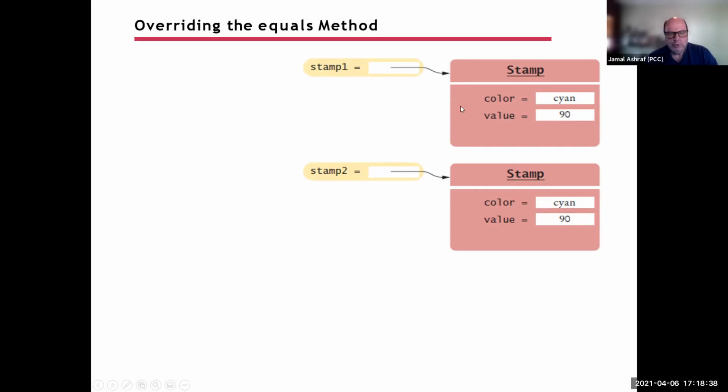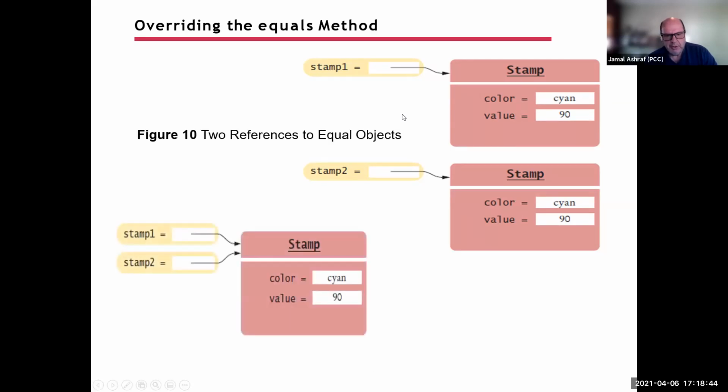So if the value and the colors are the same, then they are the same, and it returns true for the equals. Otherwise, it's going to return false. In this case, I have two of them pointing to the same location. This is the way that we check with the double equals, to see if they are looking at the same location.